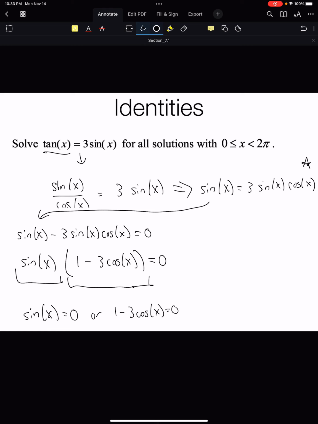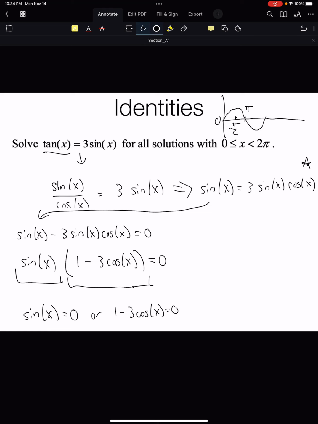Okay. And so when is sine equal to 0? Again, you can draw a picture of sine, and sine looks something like that. 0, pi over 2, pi, so on and so forth.